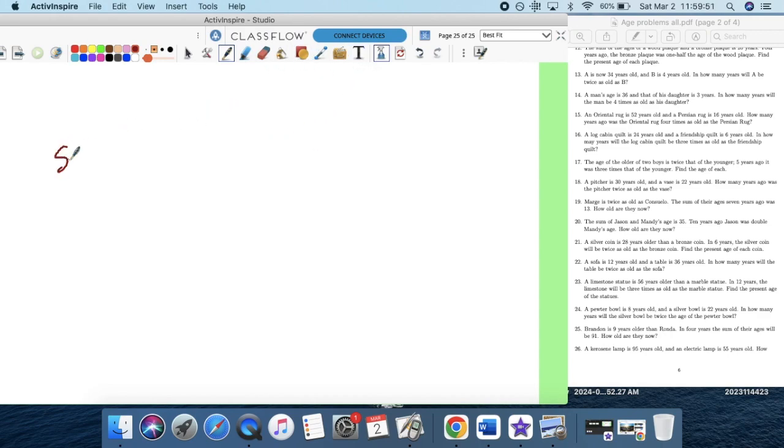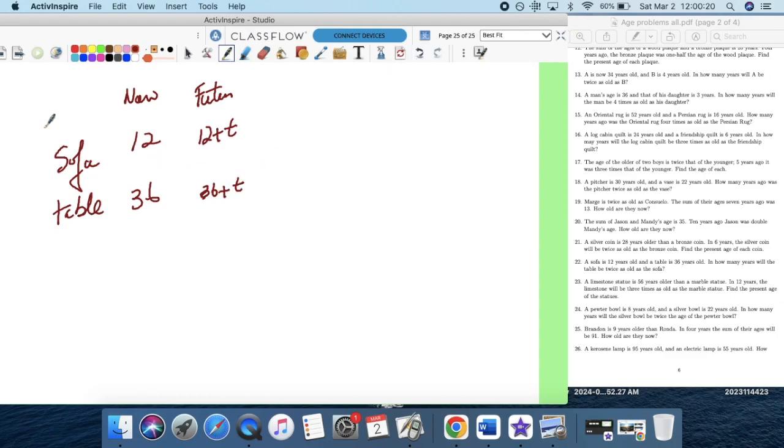The sofa is 12 years old. The table is 36 years old. That's the now. In how many years will the table be twice as old as the sofa? So in the future, so when the sofa is 12 plus some time, and the table is 36 plus some time, right?